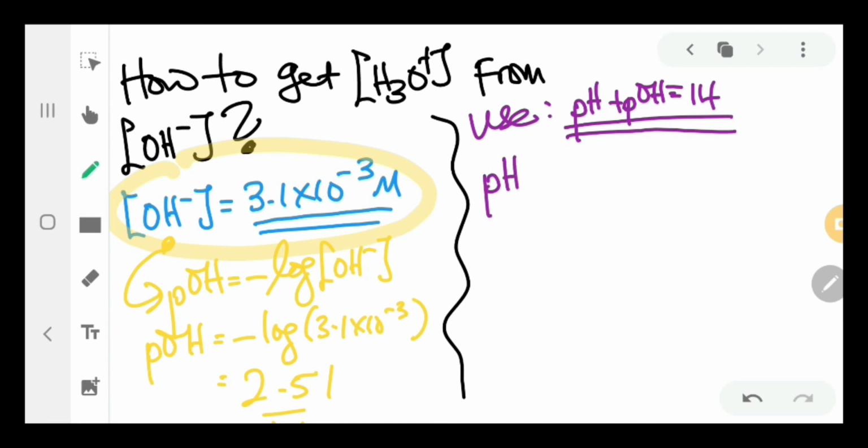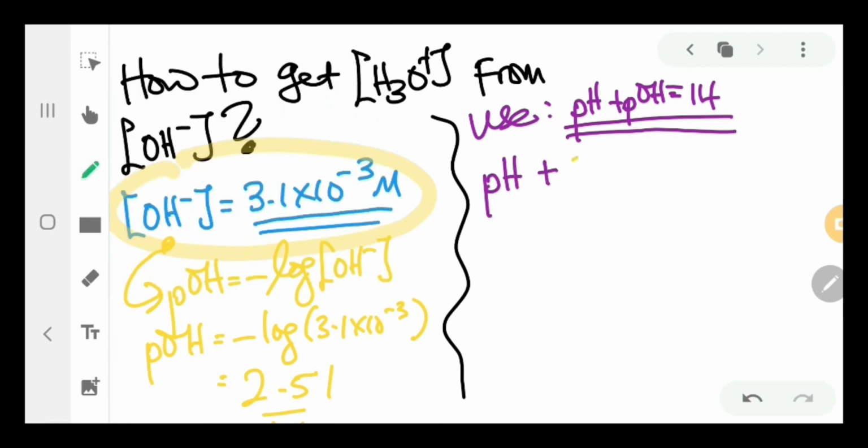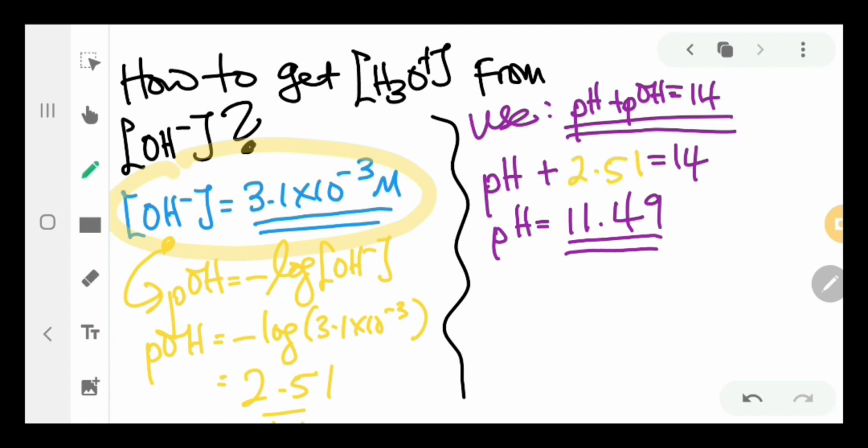So we're going to find pH. We have the value of pOH, which is 2.51, so pH plus 2.51 equals 14. Therefore, pH is 11.49.